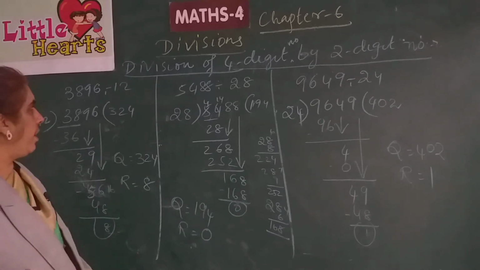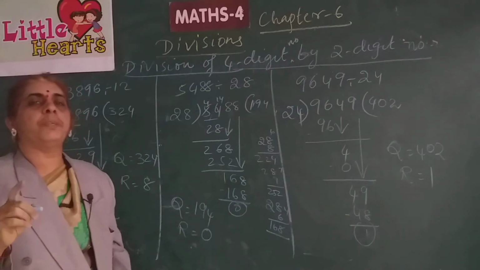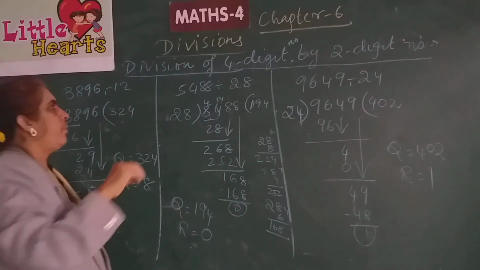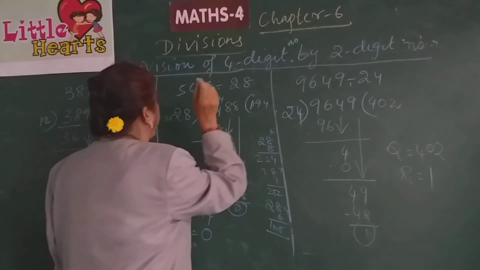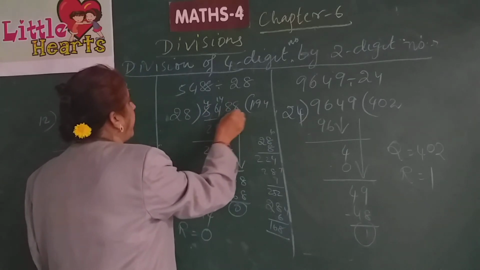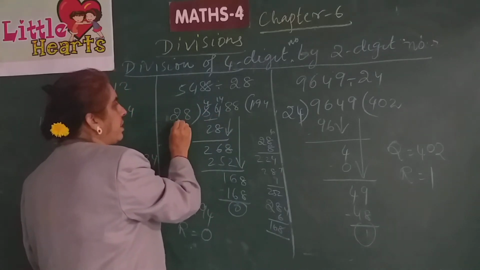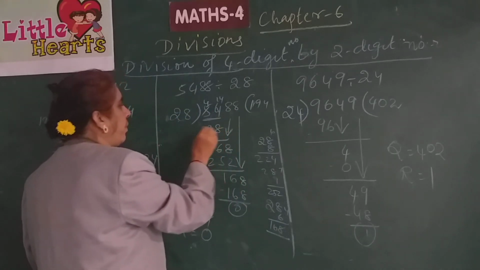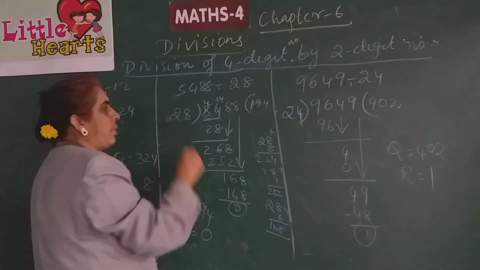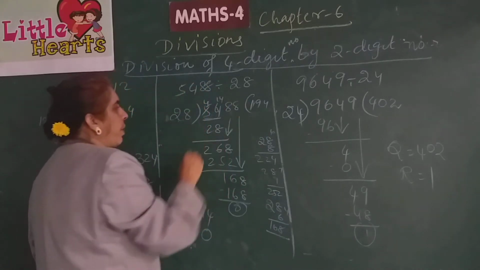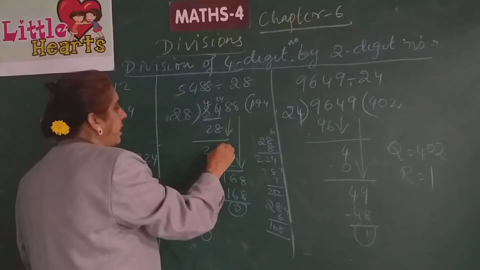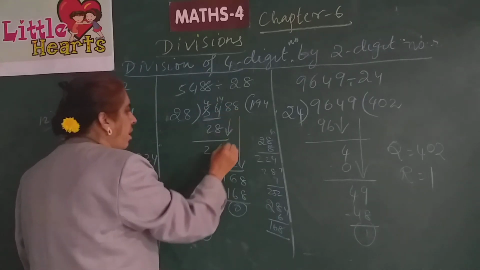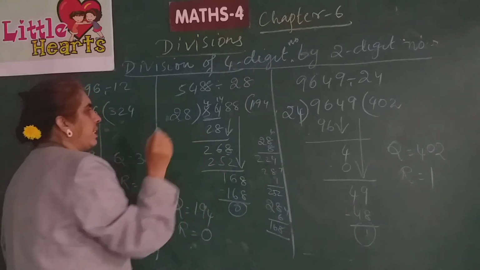So for carrying out the divisions, you need to be thorough with the tables from 2 to 9. And 5488 by 28. 28 is the divisor. Take 2 digits, 54. 28 1s are 28. 28 2s are 56, which is greater than 54. We have to go with 28 1s are 28. 54 minus 28 is 26. Bring down 8. 268.